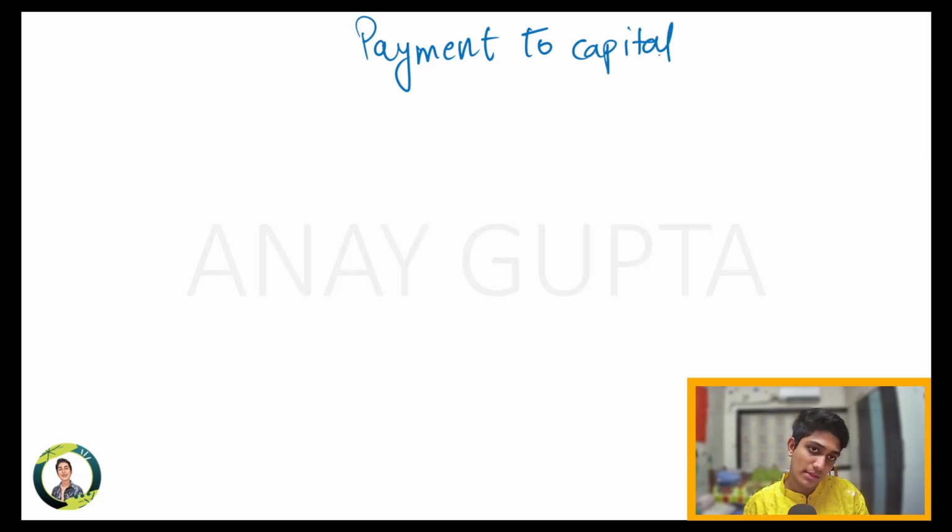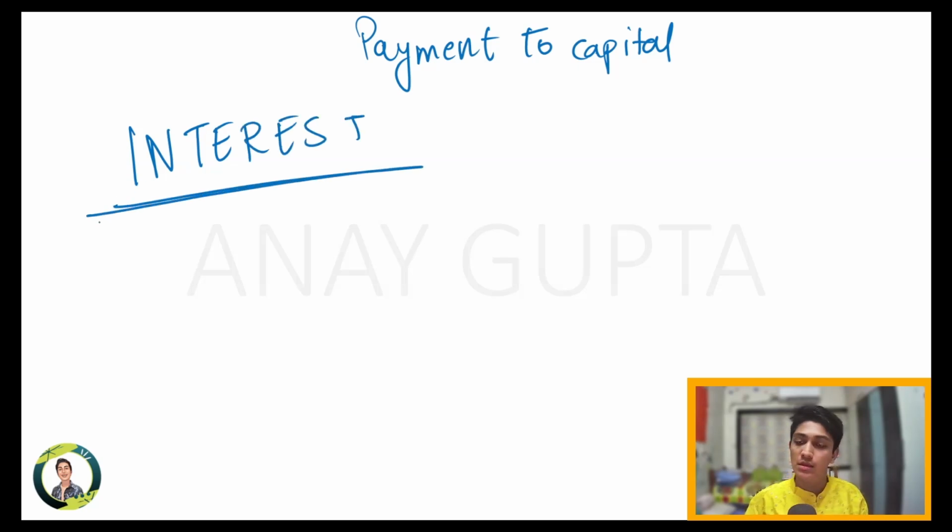Now the payment to capital is interest. Now, the best way to think of capital is as a loan. So for example, if I take your machine with me for usage, then I pay interest on that machine until I return it back.